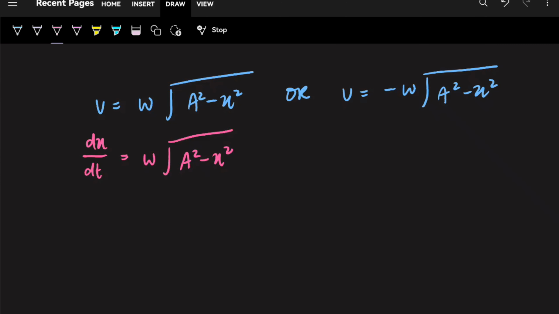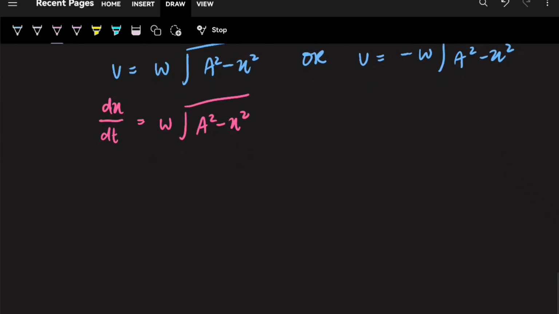Okay. Now what I'm going to do is rearrange the variables. I'm going to organize it, so that one side I'm going to have only x, and one side I'm going to have only t. So I'm going to put my left hand side in terms of x. So dx is going to be here, dt is going to be here.